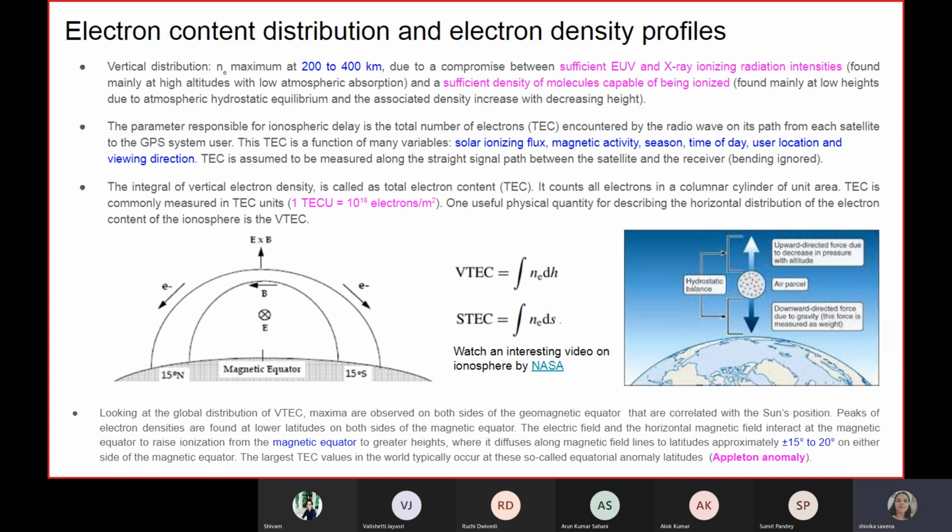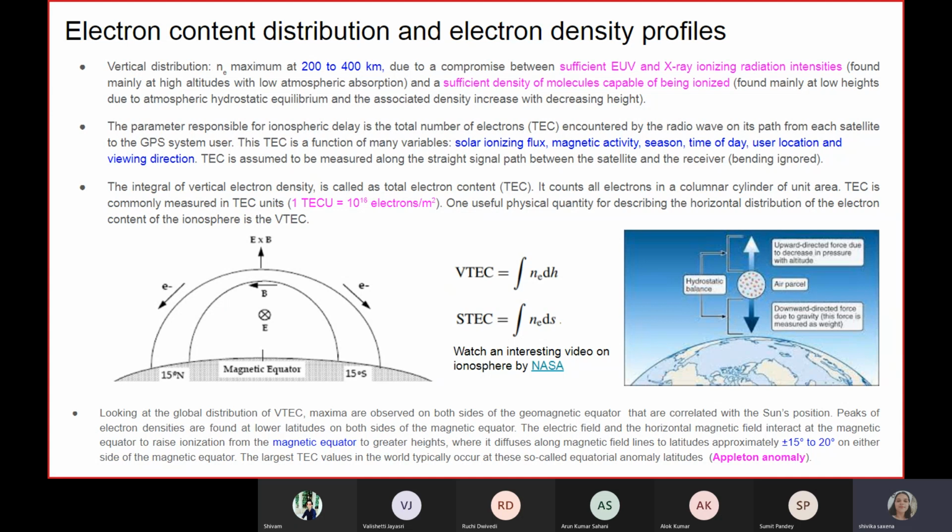The parameter responsible for ionospheric delay is the total number of electrons. As we have already discussed, the refractivity, the refractive index of the ionosphere, is represented in terms of electron content, electron density. Okay, so the total number of electrons, TEC, represents total electron content. So TEC is a function of many variables like solar ionizing flux. Flux means how much of that ionizing energy is being received from the sun.